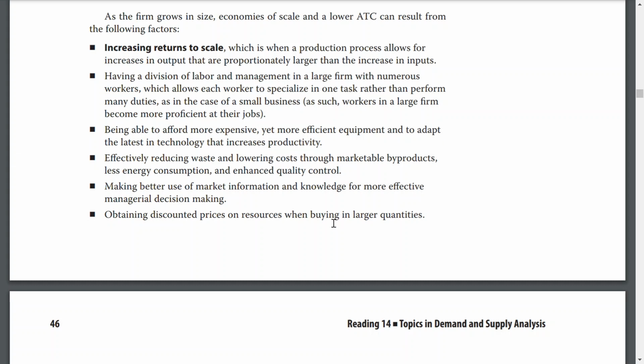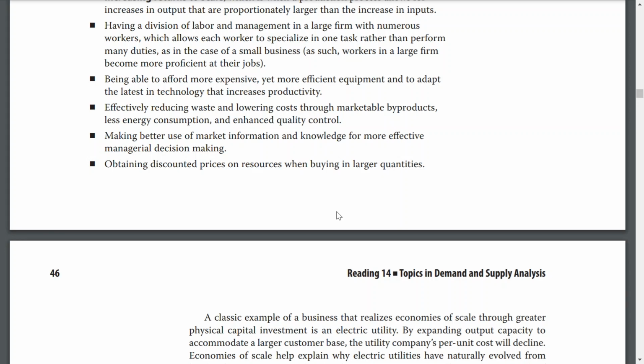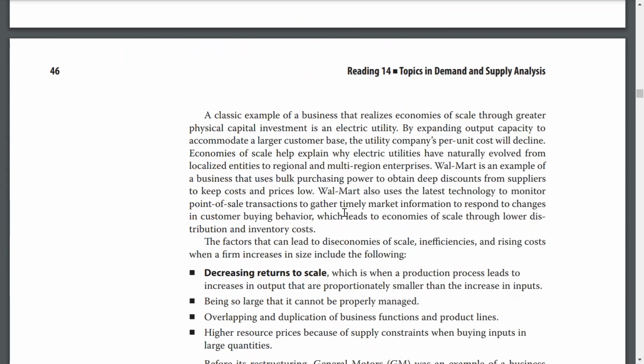Having a division of labor and management, being able to afford more expensive yet more efficient equipment, effectively reduce waste and lowering costs, making better use of market information and knowledge, obtaining discounted prices on resources, for example, if you buy in bulk. A classic example of a business that realizes economies of scale through greater physical capital investment is an electric utility.